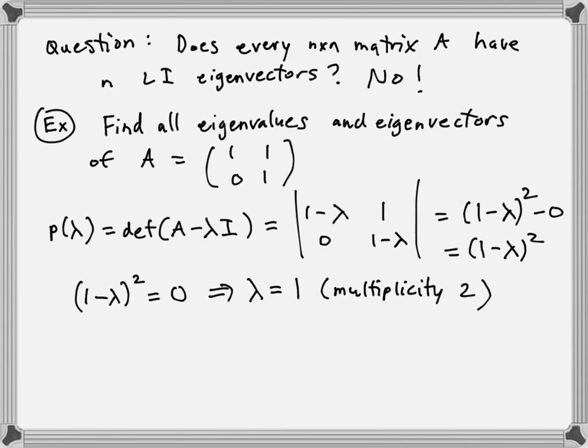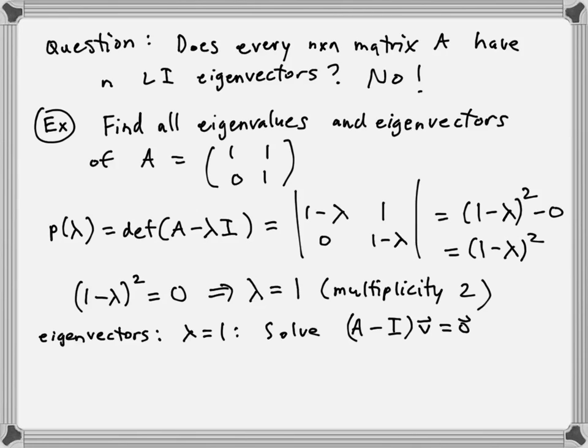So we want to find the eigenvectors, okay? So for the eigenvectors, remember we only have one eigenvalue, so for lambda equal 1, we want to solve the system A minus 1 times I, or just I, v is equal to 0.